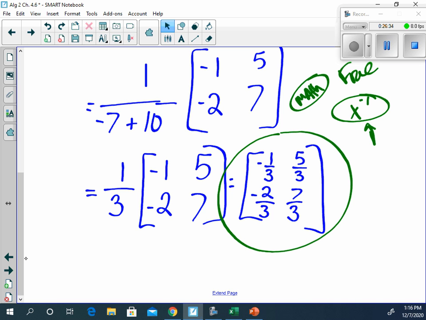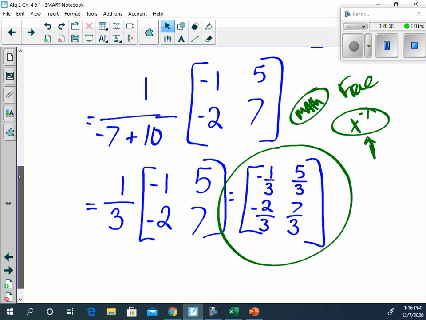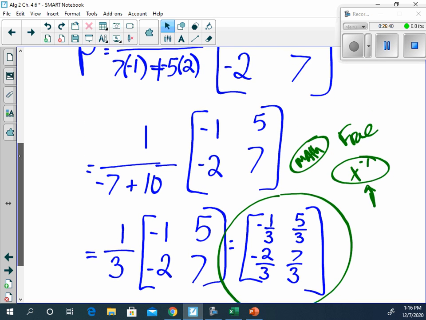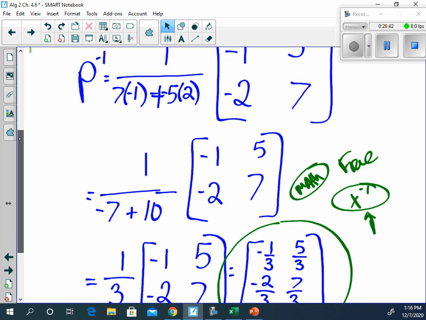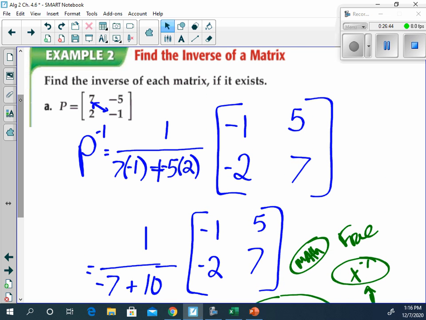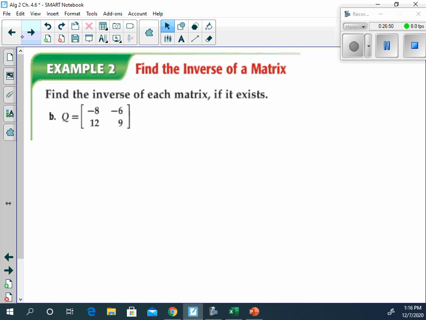Any questions on this here so far? So when you type it into the calculator with that inverse, you type the one we start with. If you want to give it a try on the calculator, we'll do this next one here: -8, -6, 12, and 9.